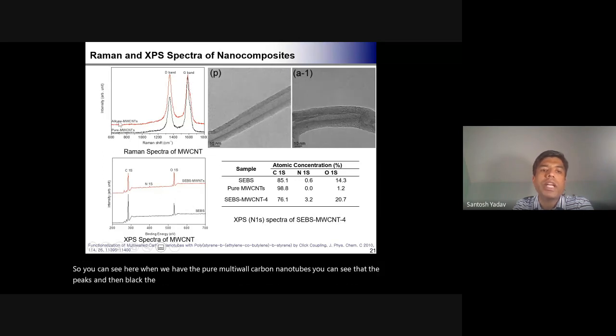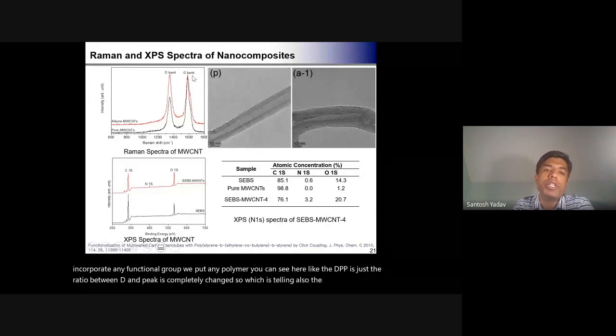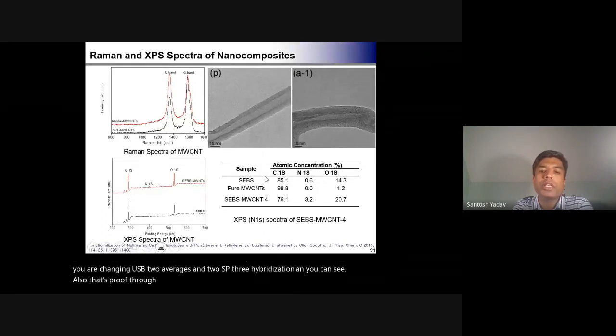But when we functionalize that multi-wall carbon nanotube, if you incorporate any functional group or polymer, you can see the ratio between D and G peaks is completely changed. This is telling the same story, that you are changing sp2 hybridization to sp3 hybridization. And you can see the proof through the XPS, showing that we have different compositions of oxygen and nitrogen.